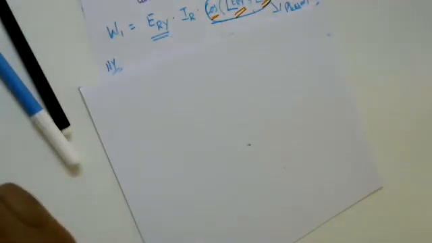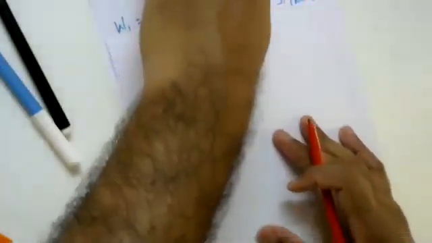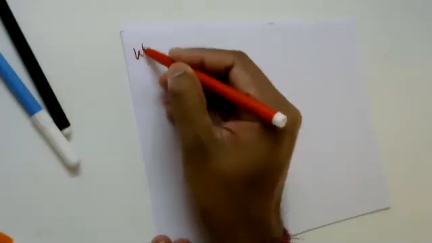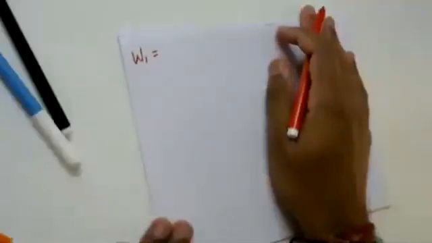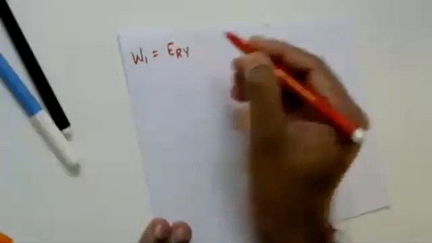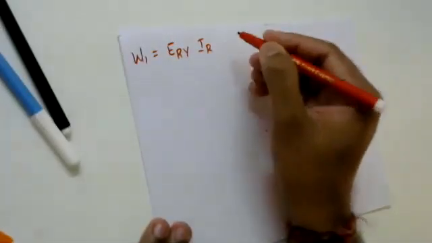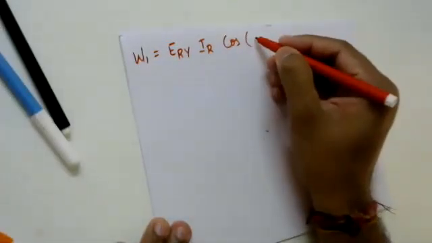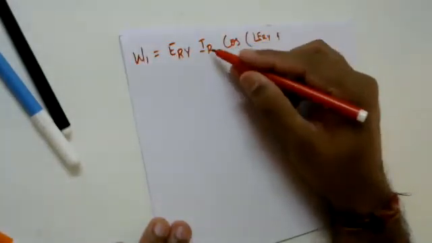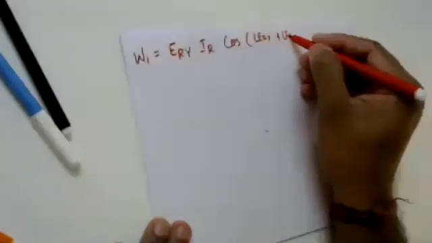Now we'll write the equation for W1. Our equation for W1 was found to be: W1 is equal to the voltage between R phase and Y phase, ERY, into the current IR, into cosine of the angle between ERY and IR.